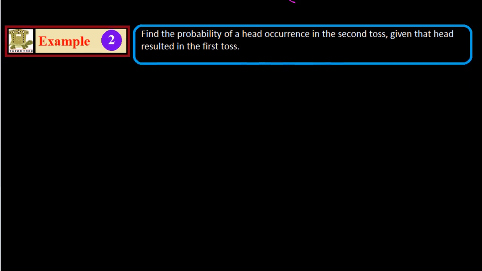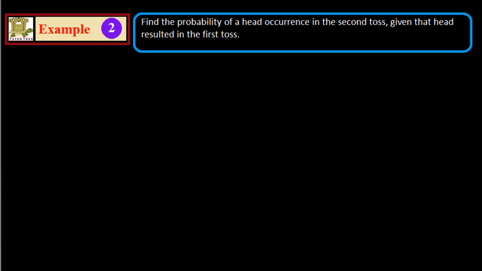Look here: find the probability of head occurrence in a second toss given that head resulted in the first toss.